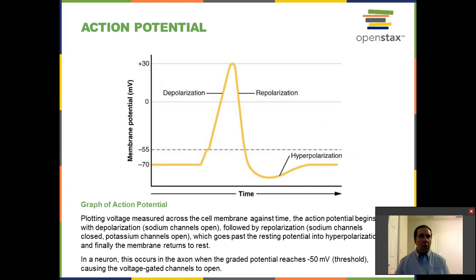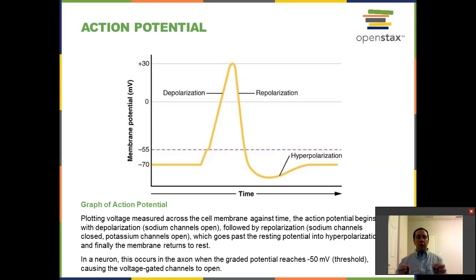So in order to fire again, once a neuron goes above threshold, it absolutely cannot fire again until it gets back down to threshold. So that is the absolute refractory period. When we are still above threshold, that is the absolute refractory period.